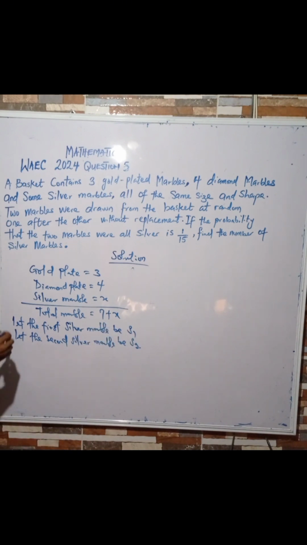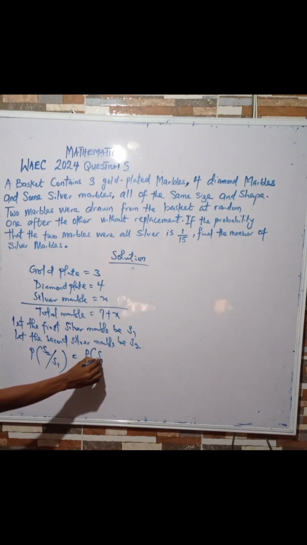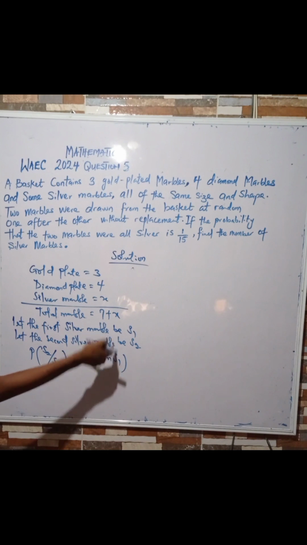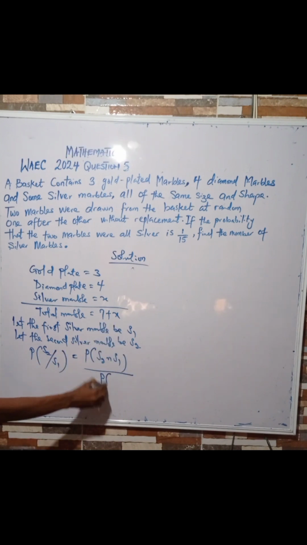By applying conditional probability, the probability of picking the second silver marble given that the first silver marble has been picked is equal to the probability of X2 intersection X1, that is the probability of the second marble and first marble, over the probability that the first marble has been picked.